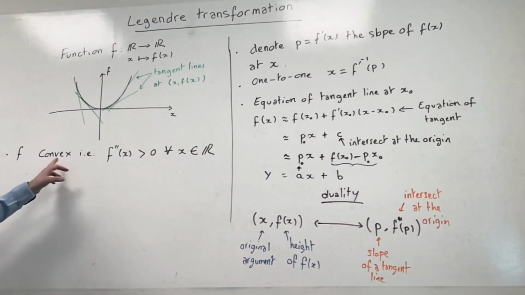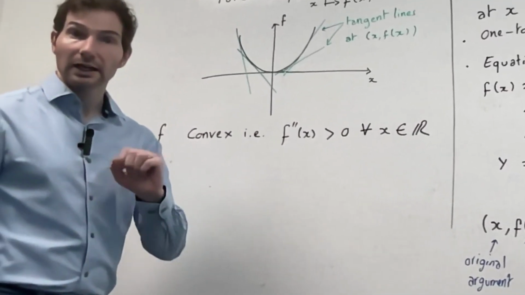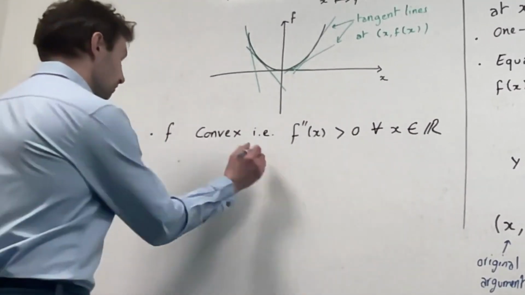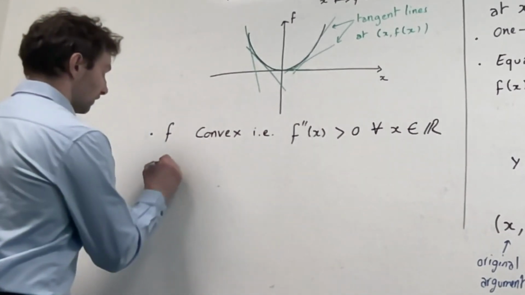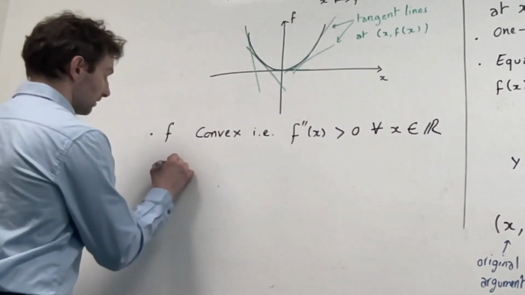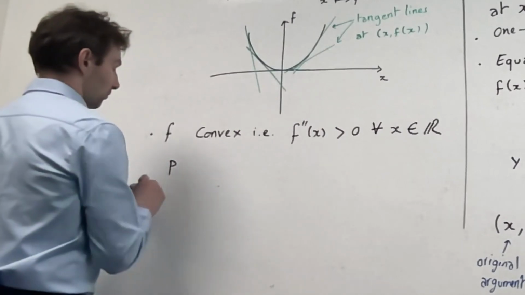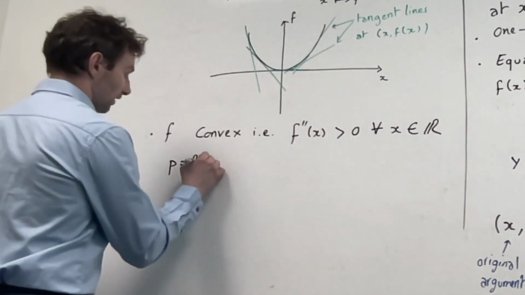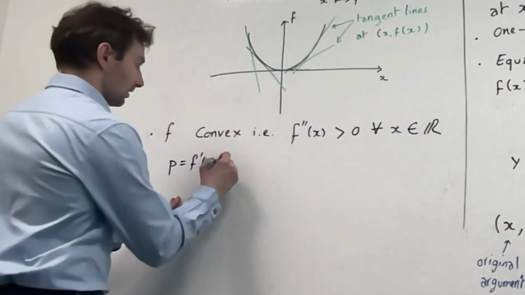So here we've got f convex, etc. And now what I'm going to do is say that we've got a set of P, which is equal, remember, to f prime of x.